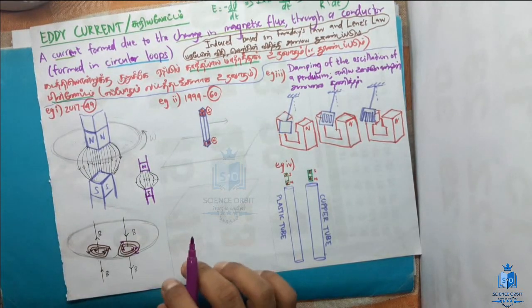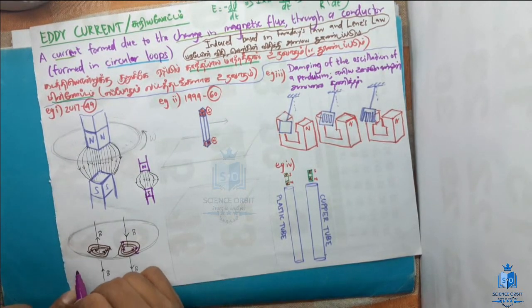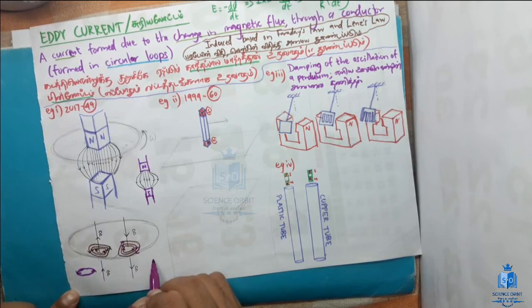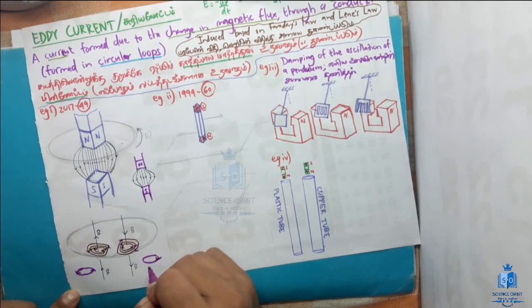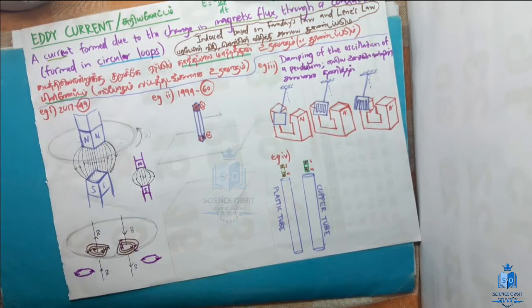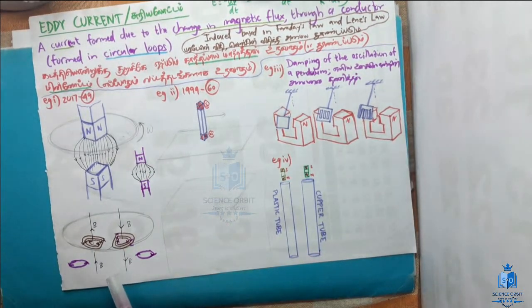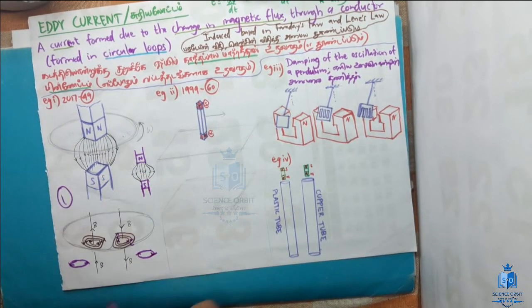Okay, that is how it's going to look like, right? So if you want me to mark a single circle and show you, at this point it is going to look like this, and here it's going to look like this. Okay, that is how it is going to be, and I believe the answer for this question is the first one. If you have a close look at the diagram, you will figure out it's the first one, right?